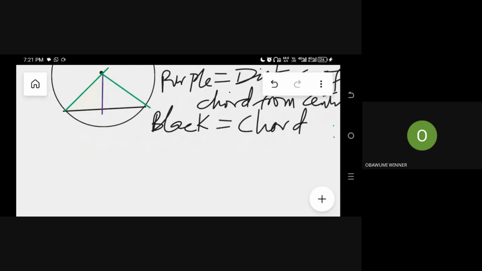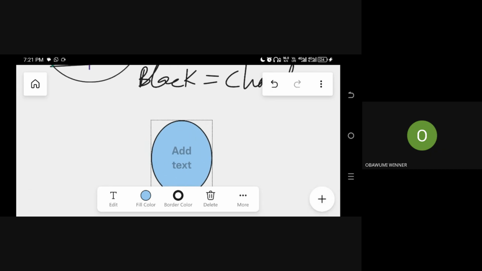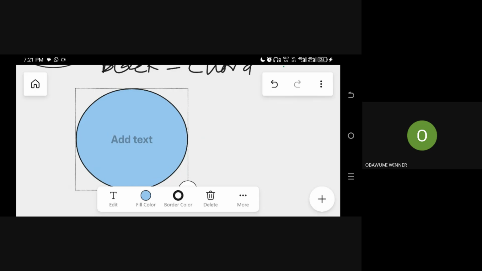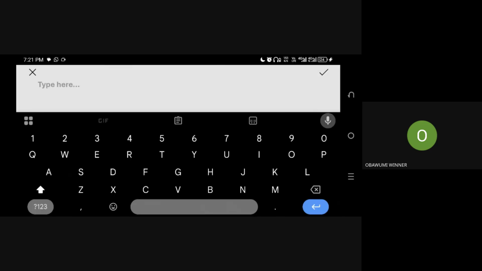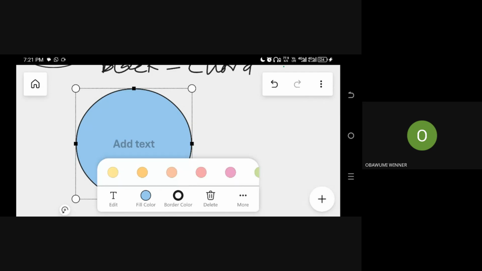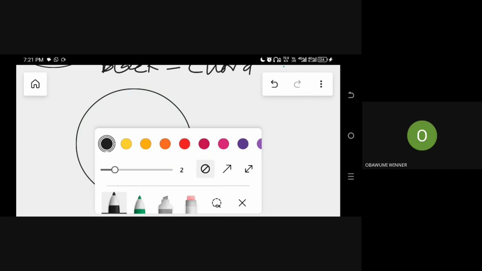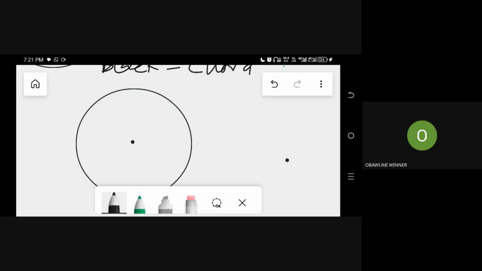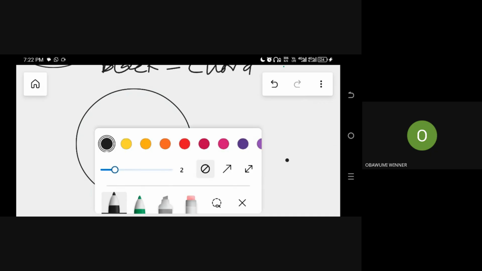So let's take an example. Let's say we have a circle here, and then we're attempting to determine the distance of the chord from the center of the circle, for instance.